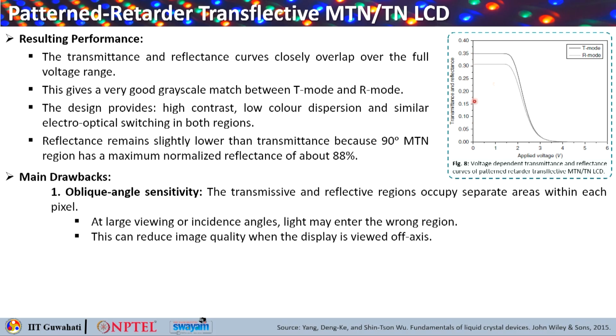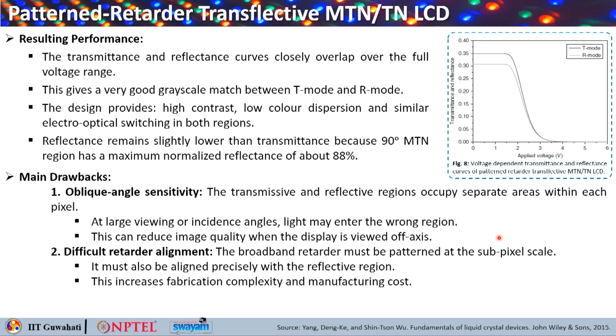The drawback in this kind of assembly is the oblique angle sensitivity. The transmissive and reflective regions occupy separate areas within each pixel, so at large viewing or incident angle, light may enter the wrong region, and this may reduce the image quality when the display is viewed off axis.